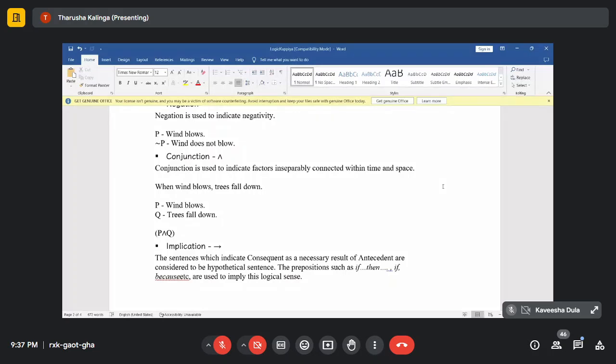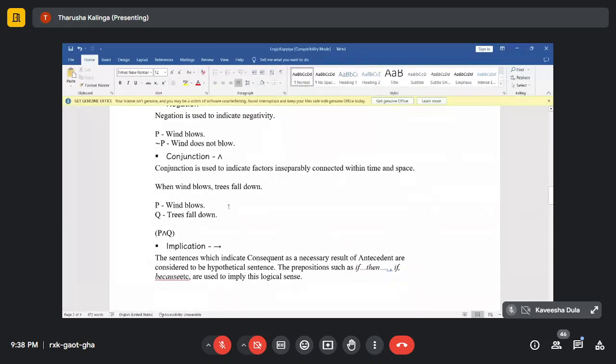So there's a connection between those two, the way you get flu and the raining. Those two factors have a shared quality. That means those things happen within the same time and same space. So spatio-temporally, those two are connected. So therefore we can use conjunction.